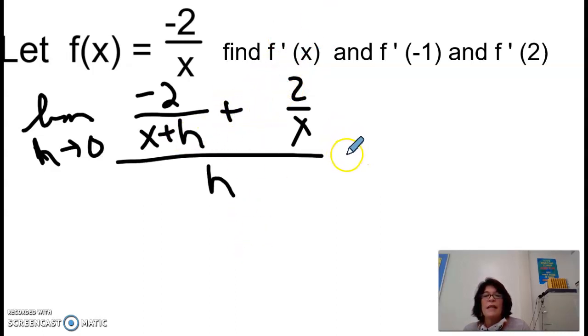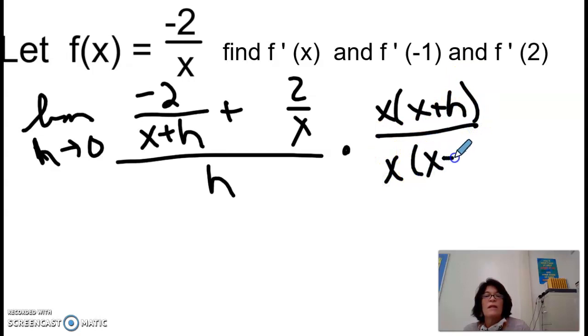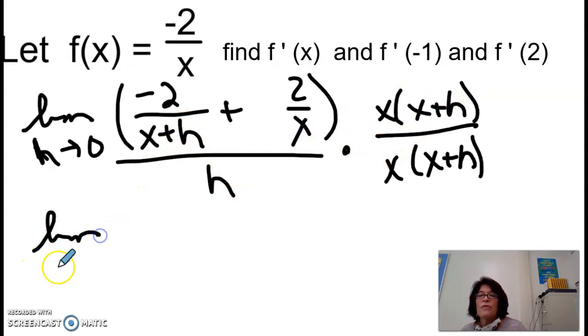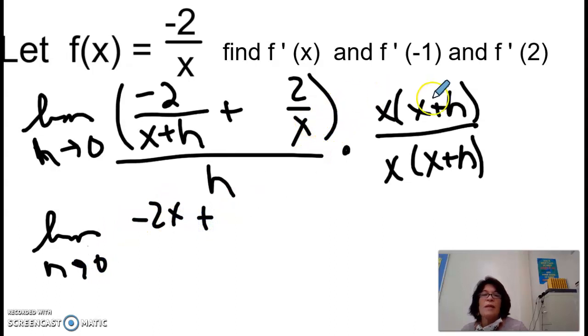Our common denominator, okay, let's multiply top and bottom by the common denominator of x times x plus h. Okay, I'm going to multiply the top and the bottom by x times x plus h. When I do that, of course, the x plus h cancels here. So I have negative 2x. When I multiply this term by x times x plus h, the x's cancel. So I have 2 times x plus h all over.